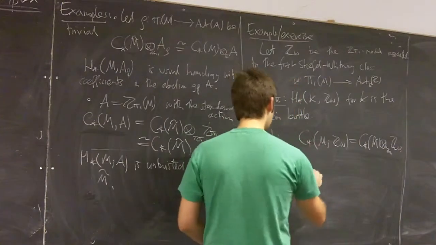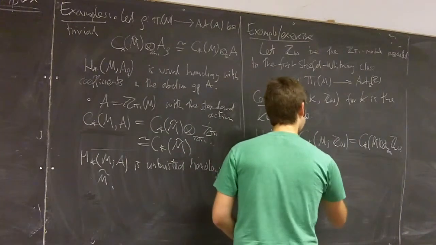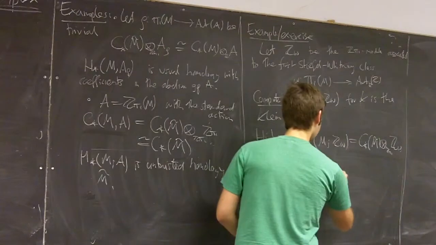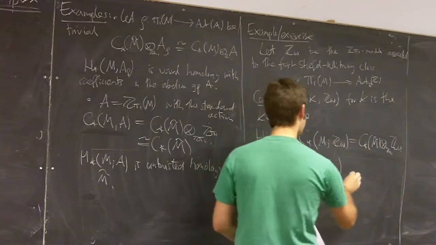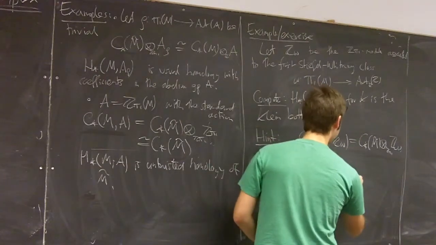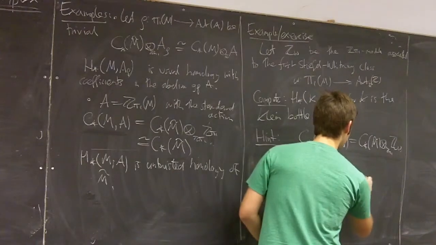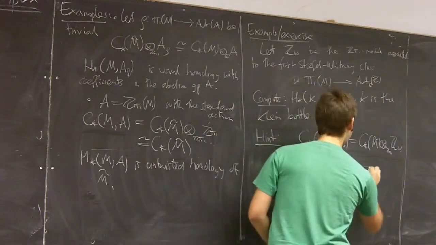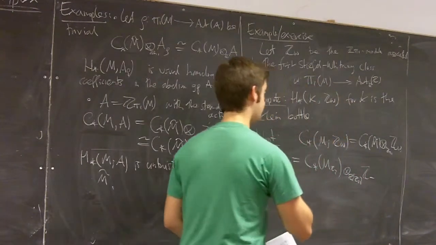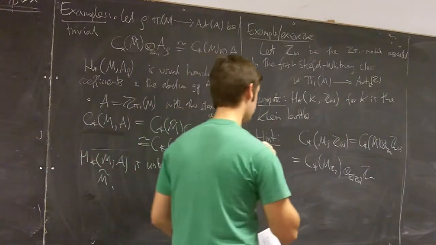So let's write that down. This is the same as chains in the orientation double cover, now tensored over ZZ mod 2 with a ZZ mod 2 module, which I'm calling Z minus.